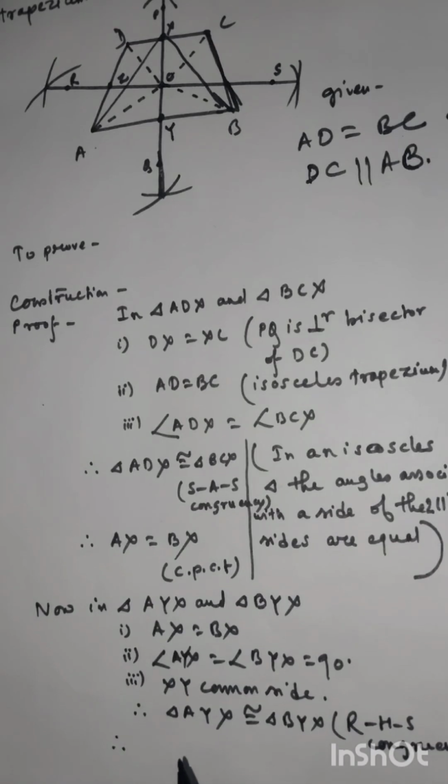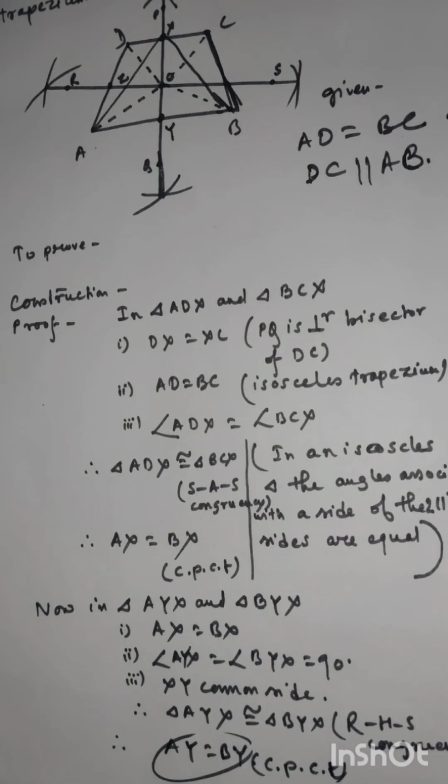Therefore, we can say AY will be equal to BY. Why? Because corresponding parts of congruent triangles. So AY equal to BY. This is what we are getting.